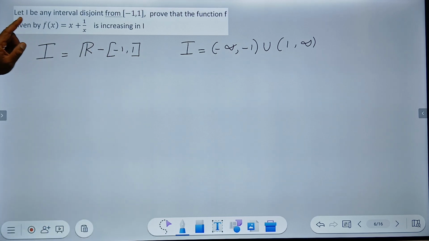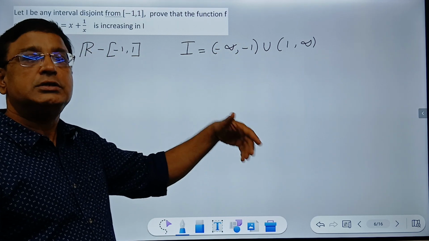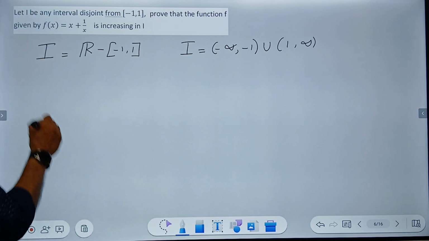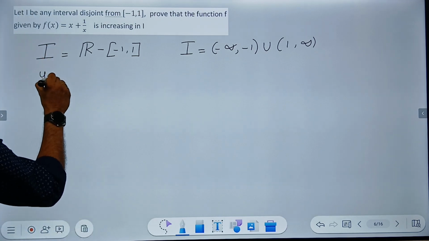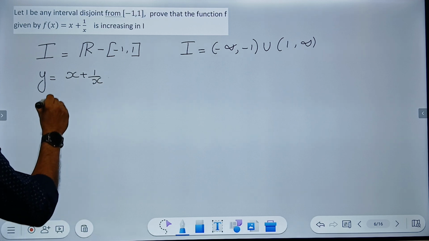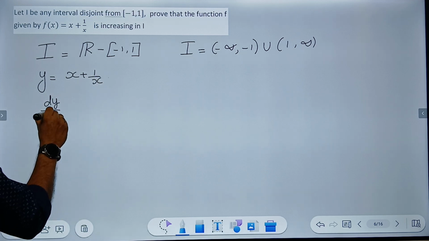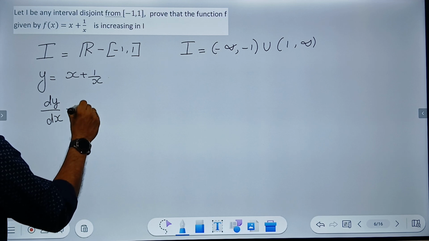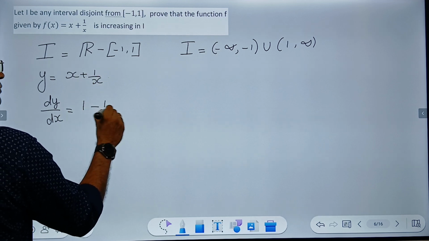Now I have to show in this interval the function is increasing. Let's see how. I have the function y equal to x plus 1 by x. Now you differentiate dy by dx. Differentiation of x is 1. Differentiation of 1 by x is minus 1 by x square.